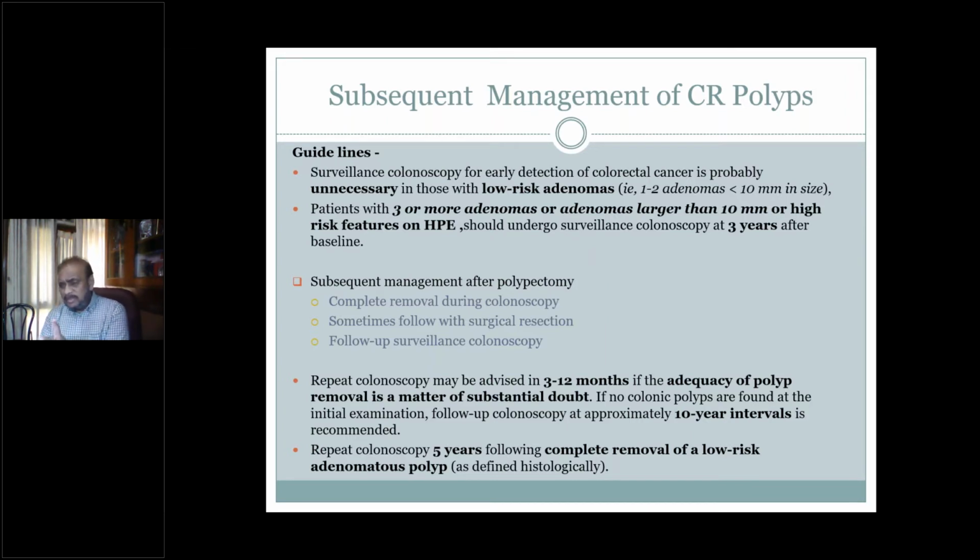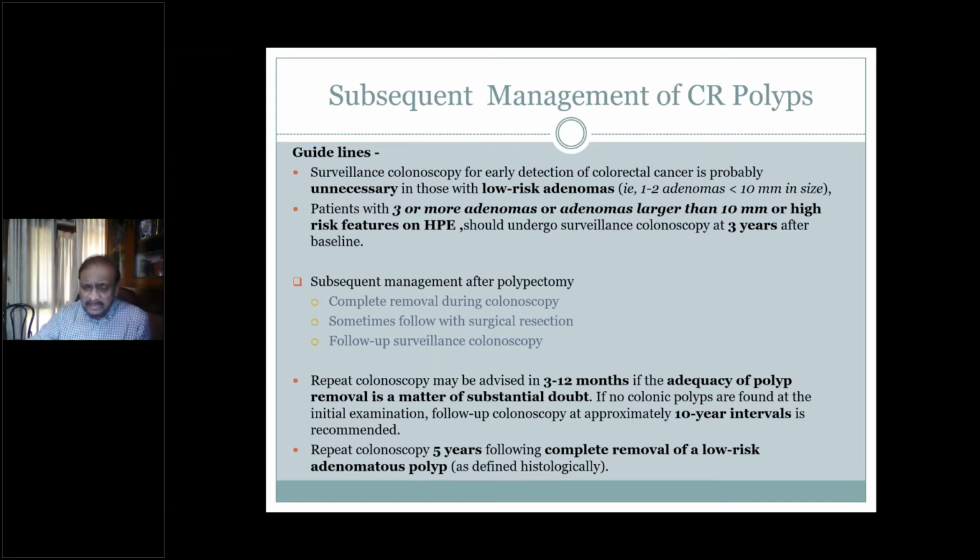So 2 options: number one, you can go in and repeat that excision, or you can say let me wait, and do a 3 to 12 monthly repeat colonoscopy. If you find no colonic polyps at the initial examination, then a follow-up colonoscopy at approximately 10 year interval is recommended. So today I did a polypectomy, the next one I did at 3 to 12 months, and I didn't find any growth. After that, I can do it at 10 year intervals. So I don't need to do it every 3 to 12 months; I can do it after 10 years.